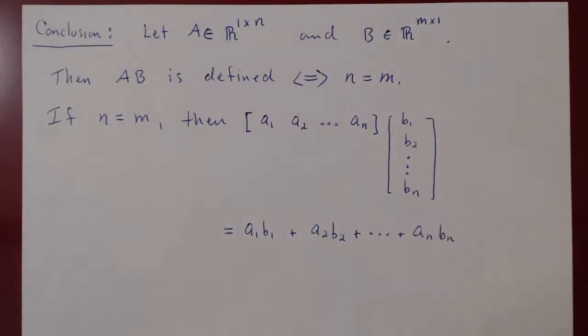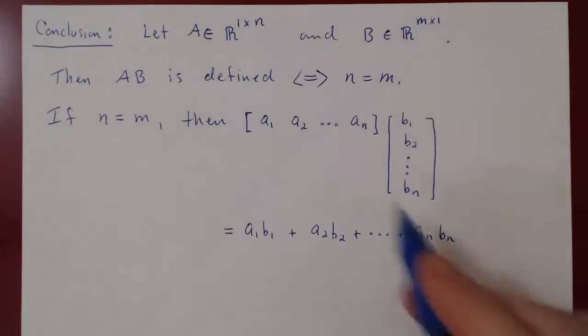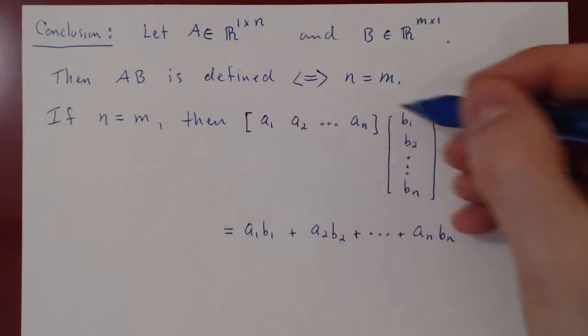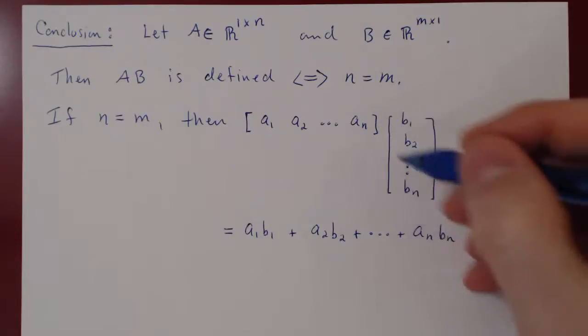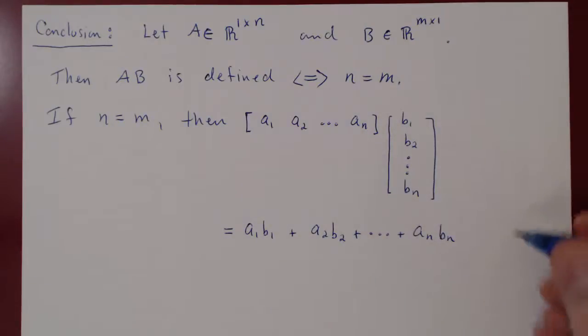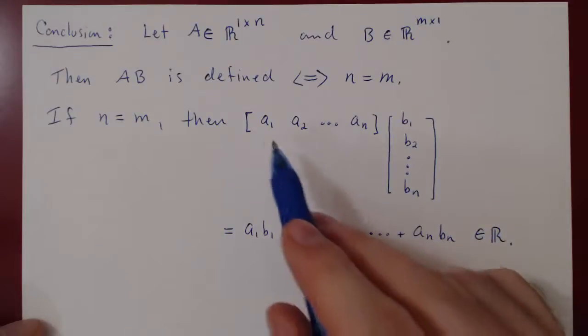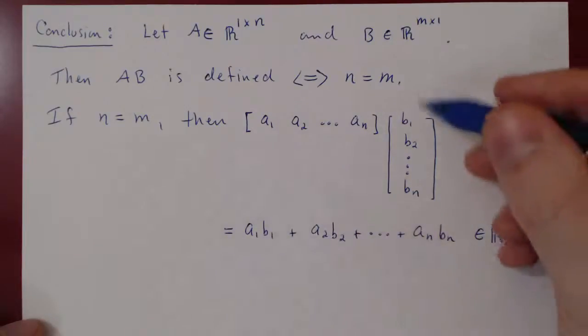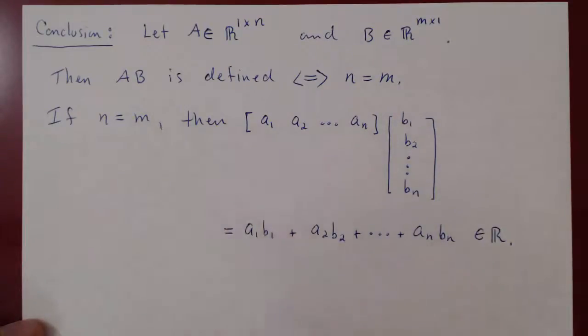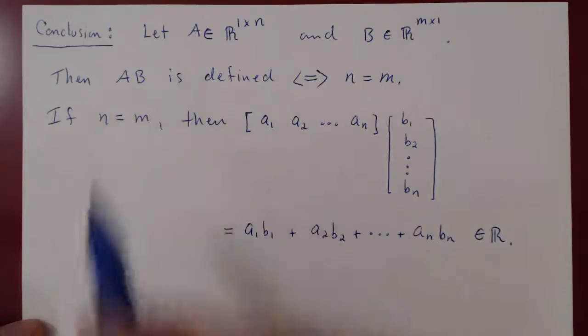And notice that the result, and this is important, of a row matrix times a column matrix, as long as they have the same length, is always a real number. And this is how you define the result of a row matrix times a column matrix if they have the same length. If not, then AB is not defined.